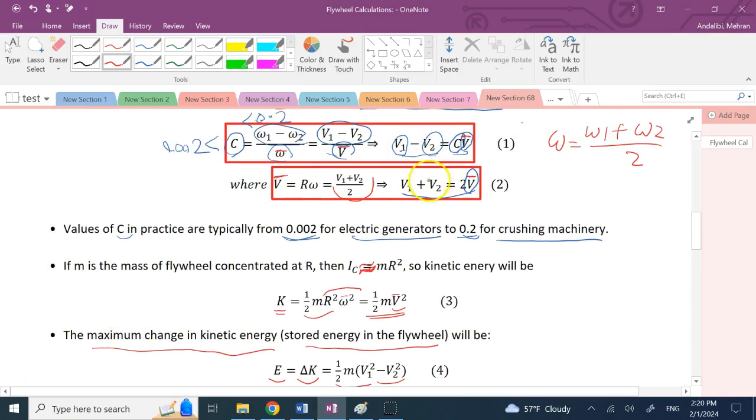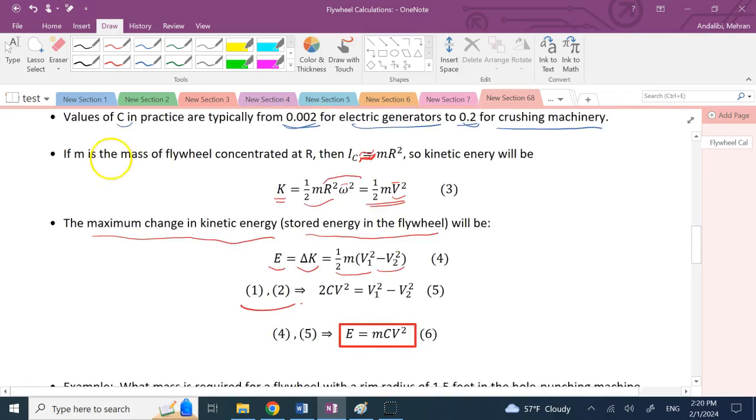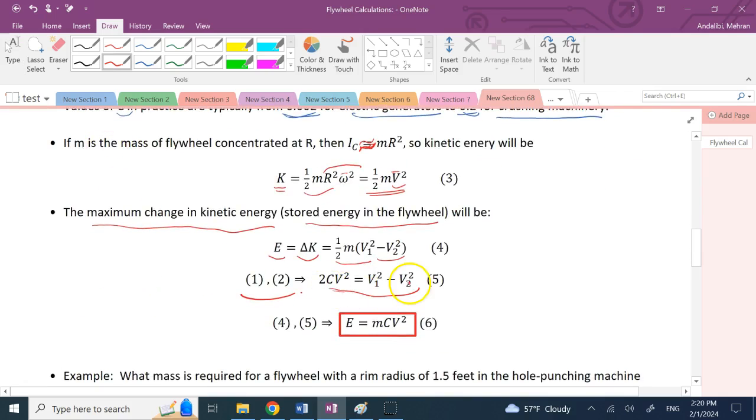So you have V1 minus V2, V1 plus V2. If you multiply, you get V1 squared minus V2 squared, and here on the right side you get 2C V bar squared. Okay, so you get this equation, and now this side of it is what you have over here. So I'm gonna plug in instead that 2C V squared up there. And so E is going to become what? Is going to become 1/2 m times 2C V squared, right?